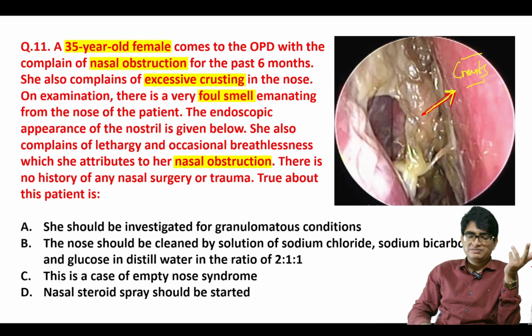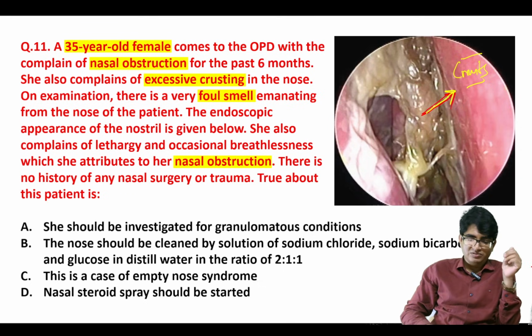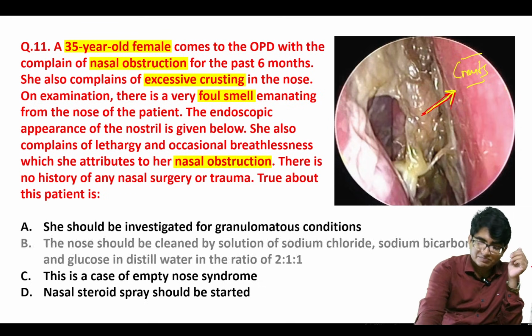In atrophic rhinitis, we may get investigations done for granulomatous conditions. Next point, the nose should be cleaned by a solution of sodium chloride, sodium bicarbonate and glucose in distilled water in the ratio of 2:1:1. Obviously, correct. This is a case of empty nose syndrome? No. Nasal steroid spray should be started? No. Correct? Okay. Now, so the answer should be B.